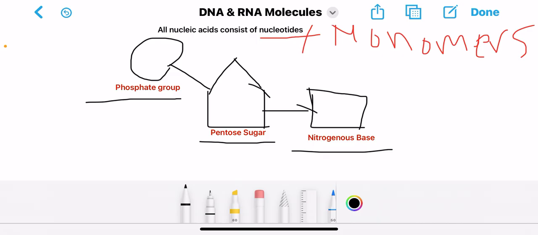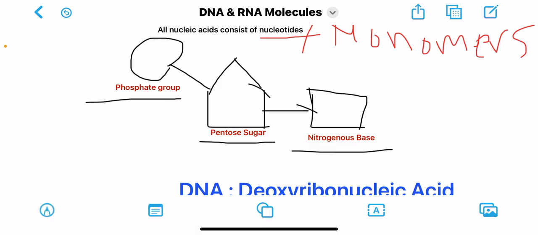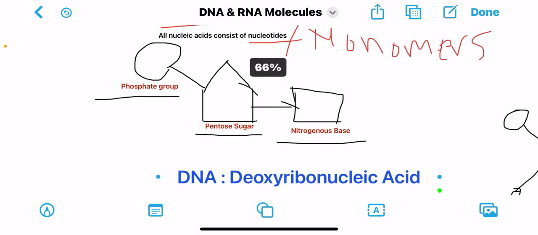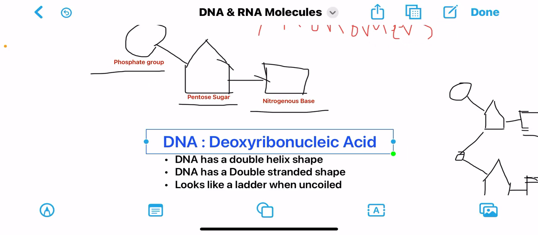You can either call it a nucleotide or a monomer. In plural form, you can say nucleotides or monomers. Even in the exam question paper, the examiner will use different concepts. Sometimes he might use monomers, sometimes nucleotides. It depends on the examiner. So this is the structure of a nucleotide. Make sure you keep it on record.